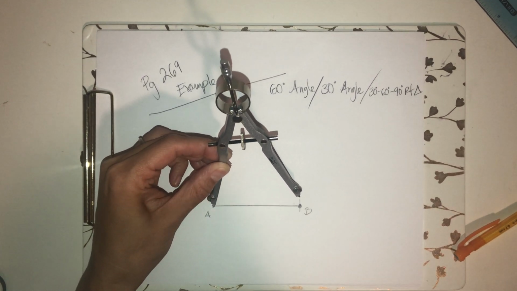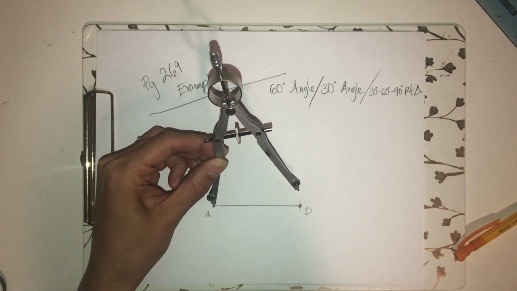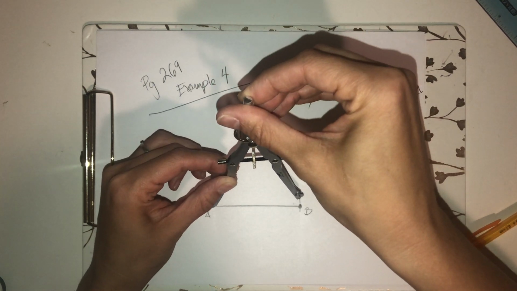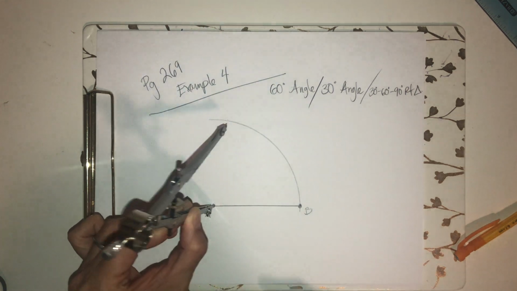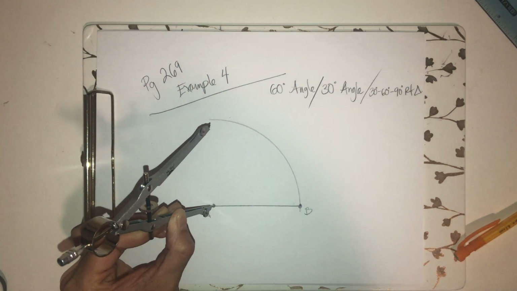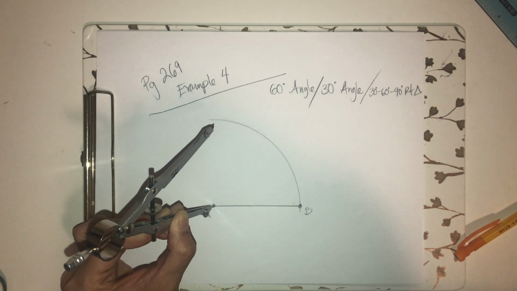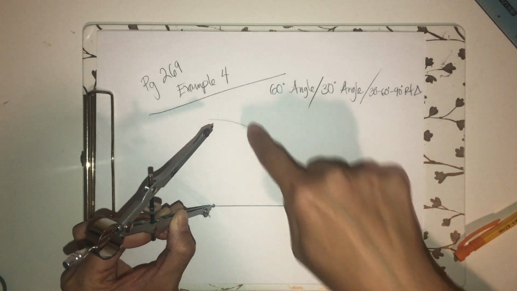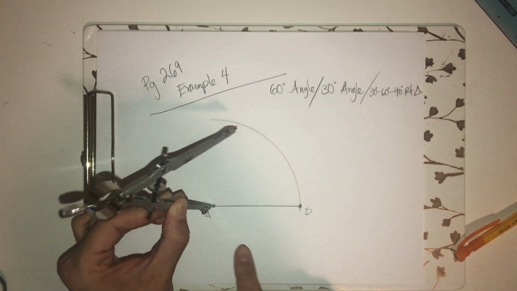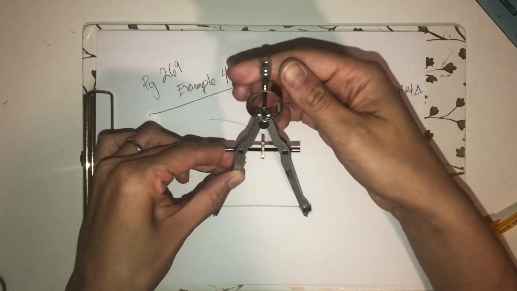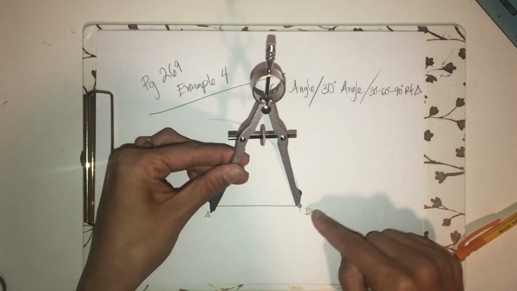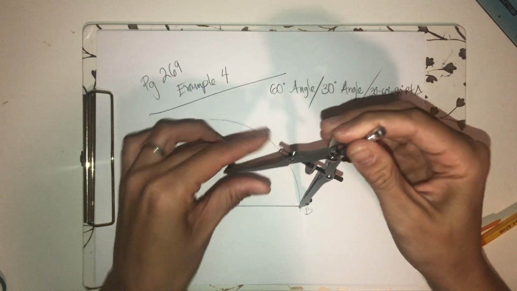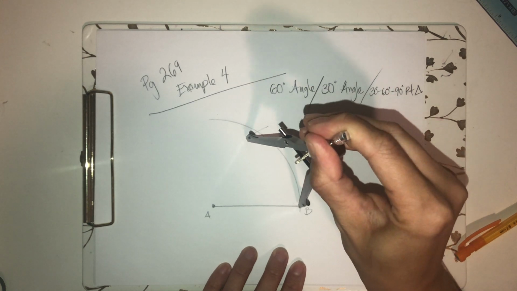So the way that you make this 60-degree angle, that's the first thing that we try to tackle here, is just draw a first arc. You can make it a quarter of a circle, and get real crazy with it. Ultimately, you just need to capture the area approximately halfway between A and B. You're going to keep the same distance from A to B, but now turn your compass over such that you are centered at B, and you can be real minimalist about it and just draw an arc such that you intersect with that first arc, like so.